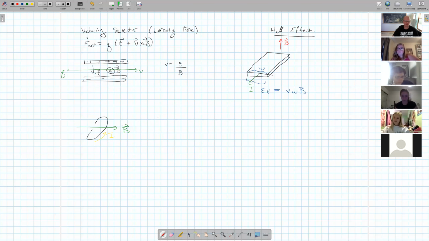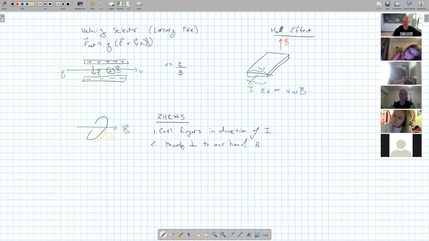That magnetic moment is given by right-hand rule number 3. Right-hand rule number 3 says that, 1, we curl fingers in the direction of I, 2, thumb, which again is perpendicular to our hand, points in the direction of the magnetic moment mu.